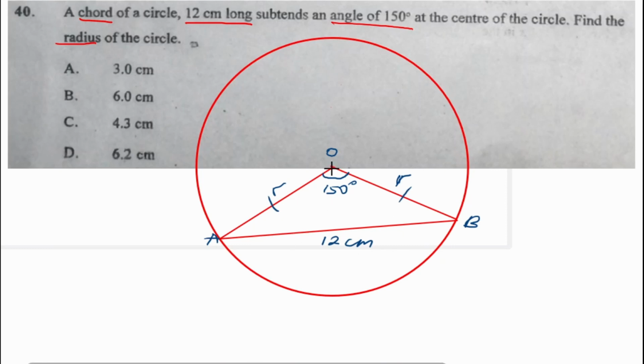Because of that, a perpendicular line drawn from the center of the circle to the chord AB is going to be a perpendicular bisector of chord AB, meaning it divides the chord into two equal parts and also bisects this angle because the triangle is an isosceles triangle. So we can now have this side to be 6 centimeters and then this side to be 6 centimeters, and also this is going to be 75 degrees, which is half of 150.